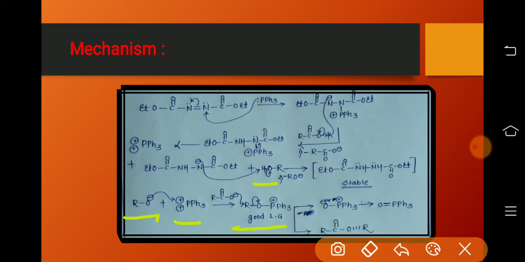Since it is an SN2 reaction, the nucleophile attacks from the back side of the leaving group, there is removal of the leaving group and formation of the oxygen-phosphorus double bond. In this manner, we get the inverted product from the hydroxy group.